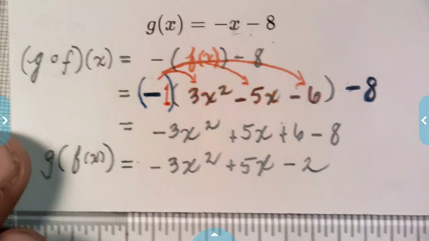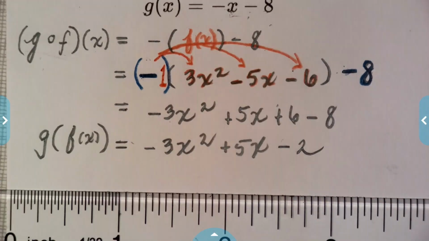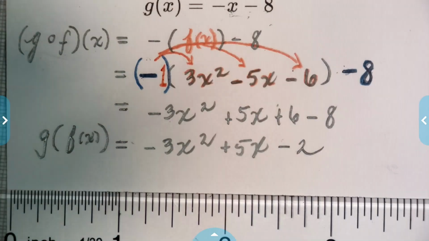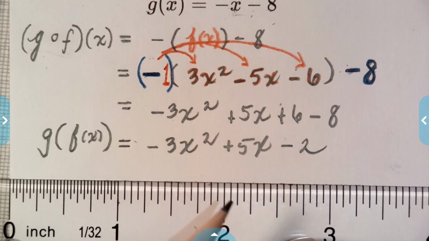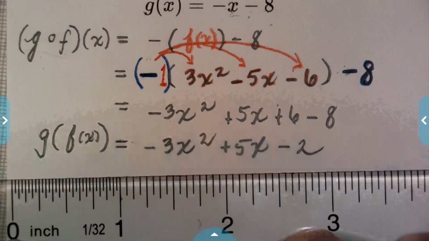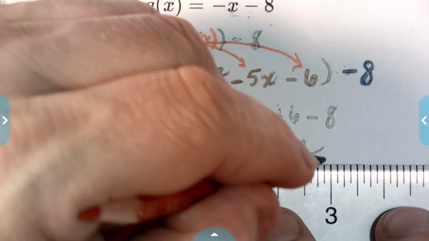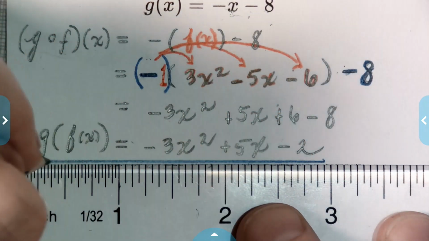Okay? Perfect. All right, so again, this moment right here is what you'll never see if you do it on the calculator. You'll never actually find out what the composed function is.